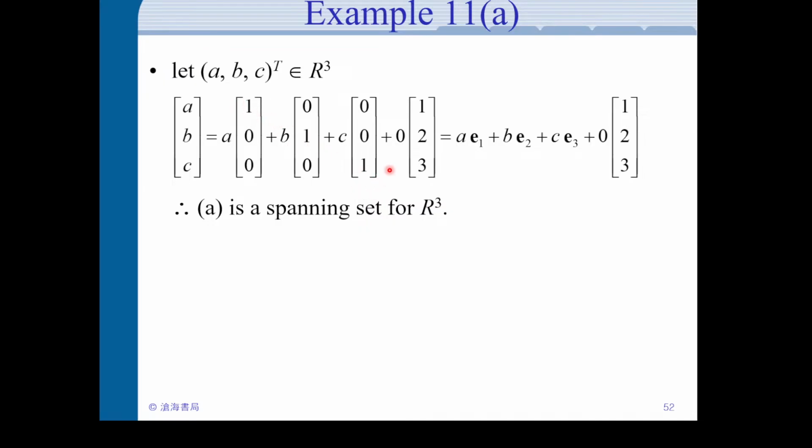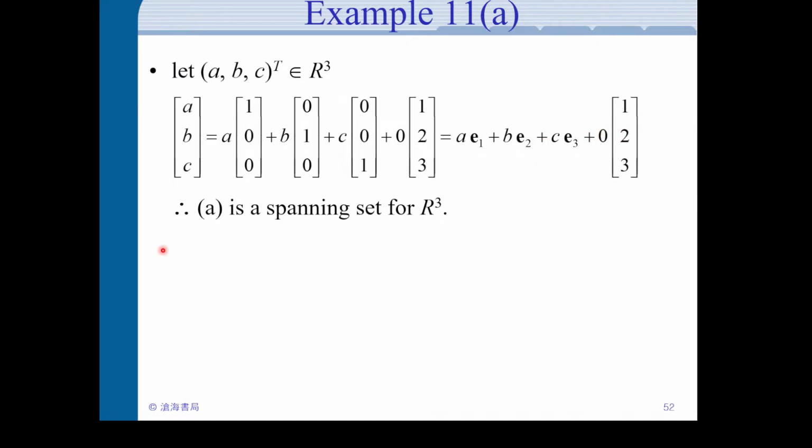And then 1, 1, 1 here, and any vector ABC inside R3 can be written as A times 1, 0, 0 plus B times 0, 1, 0 plus C times 0, 0, 1. This is just ABC, which is A e1 plus B e2 plus C e3, and then this extra 1, 2, 3 here, you can just multiply it by 0, so it doesn't interfere with us.